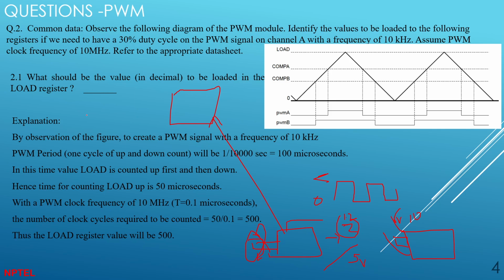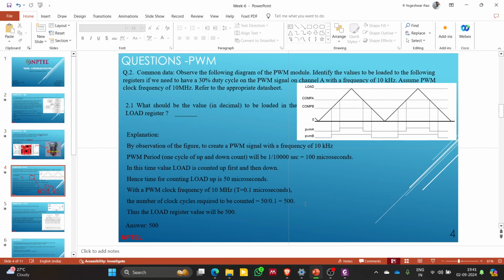So we have an amplifier which converts 5 volt to 12 volt. When you go to the shop and ask for a motor driver, you need to always ask how much amplification it can do, 5 volt to 12 volt or 5 volt to 24 volt. These are some specifications. Okay, I think I'm clear.